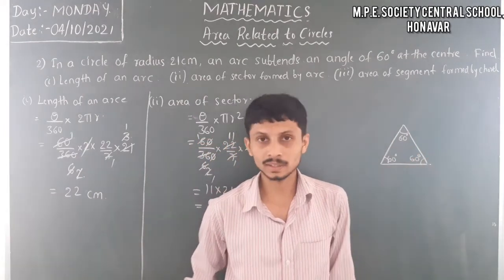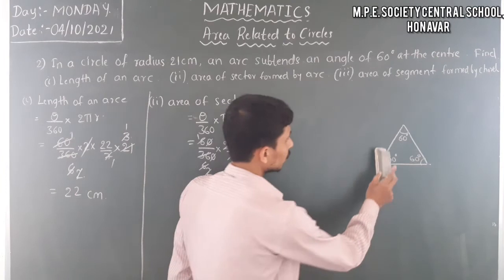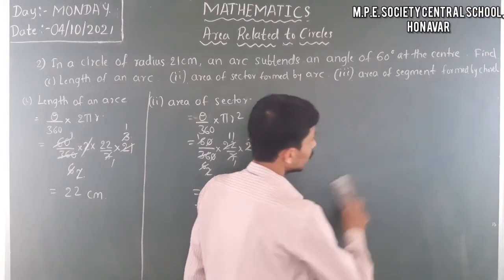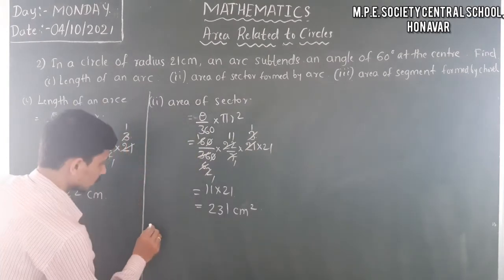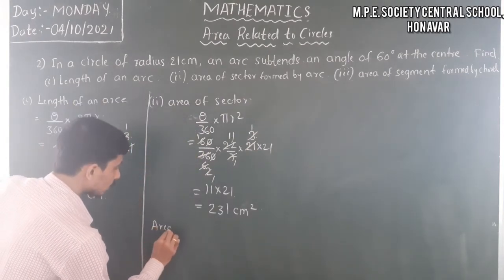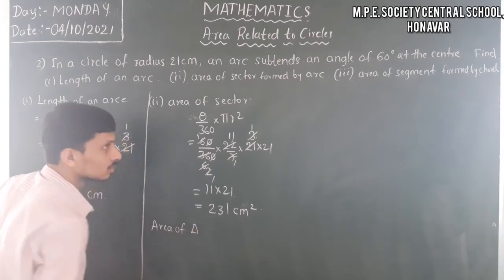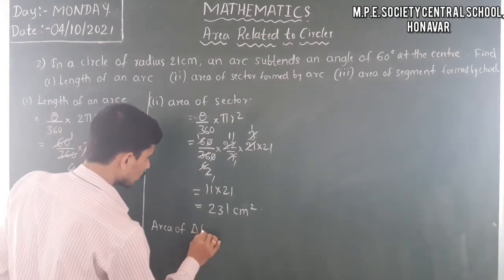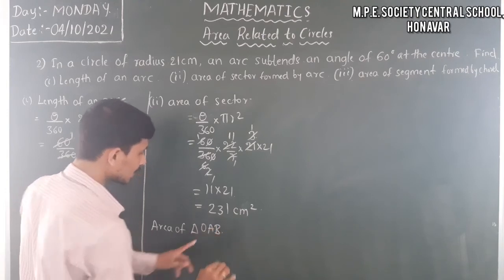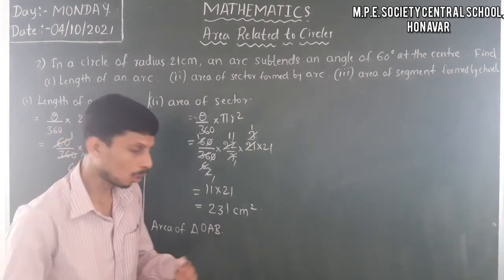Now we apply a formula to find the area of the equilateral triangle. We can call the triangle OAB, with AB as the chord.